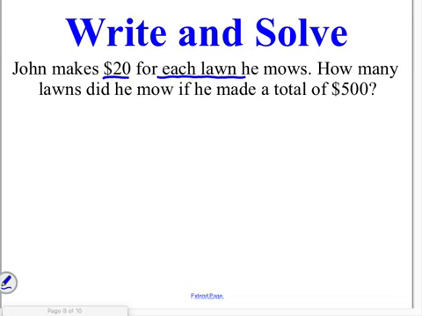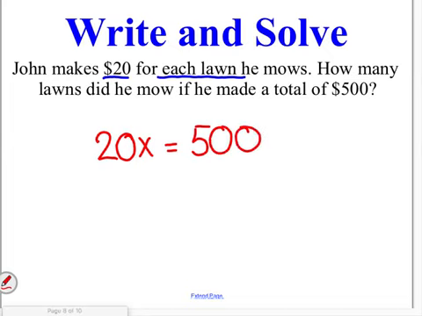The lawns, we don't know how many of them there are, so we're going to call that X. For each of those, he gets $20, so that means we're going to be multiplying by $20, and total, he gets $500.